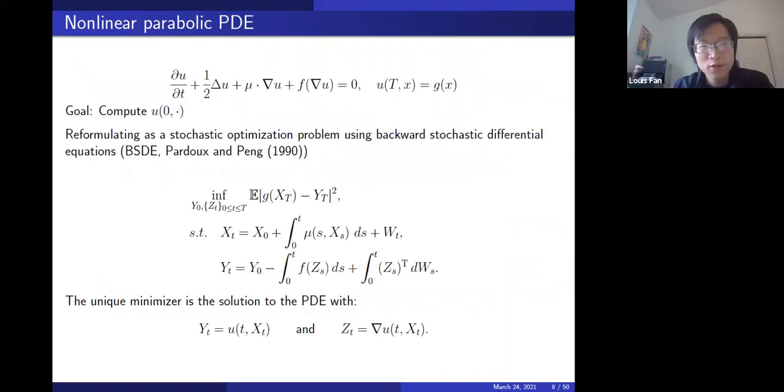I wonder how much advantage is gained using this control approach in terms of numerical computation. I suspect that in high dimension, it also takes a lot of time to simulate this SDE, or to solve this controlled SDE.